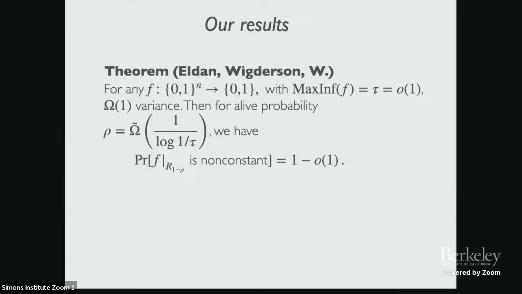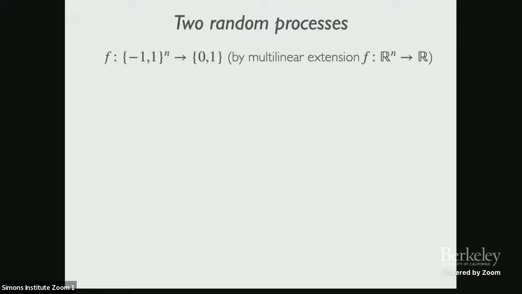We want to study random restrictions on Boolean functions such that their max influences are small. And our strategy is to study some random processes and relate that random process with this problem we are interested in. Okay, so let's start with some setup and the most simple random process.